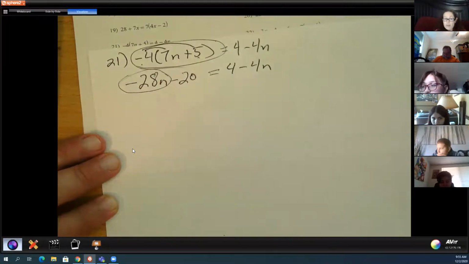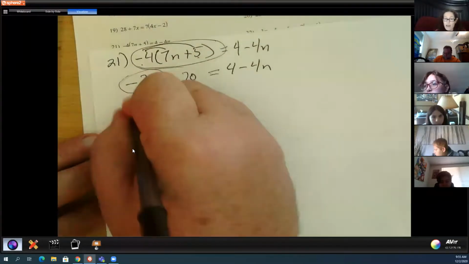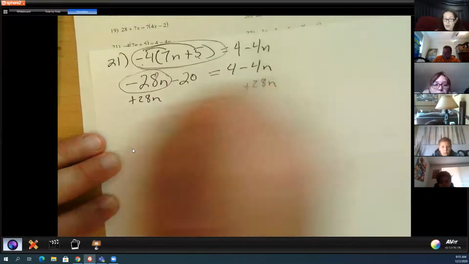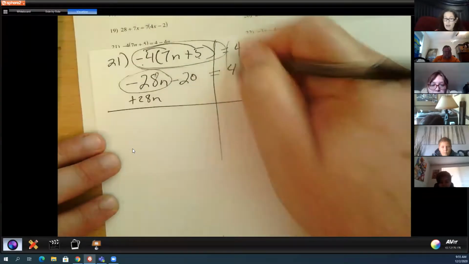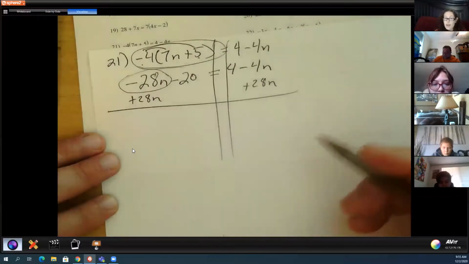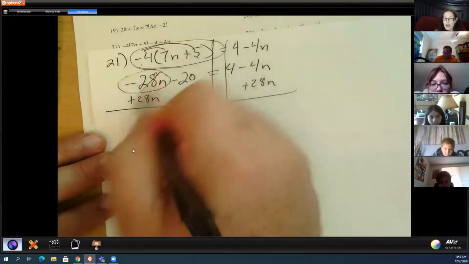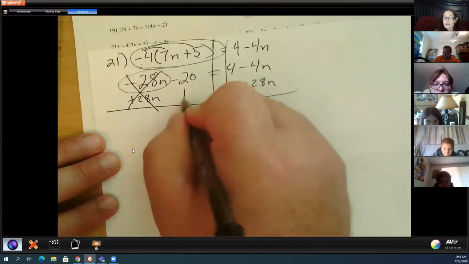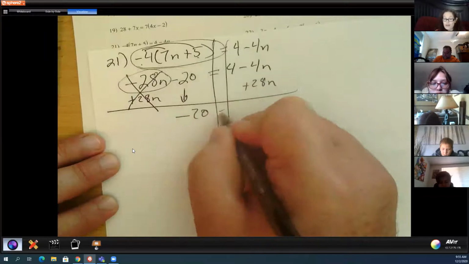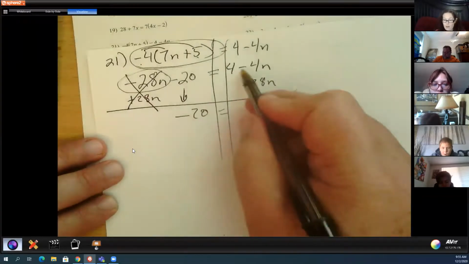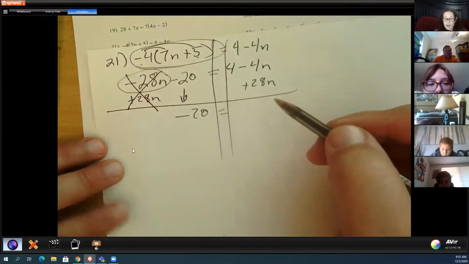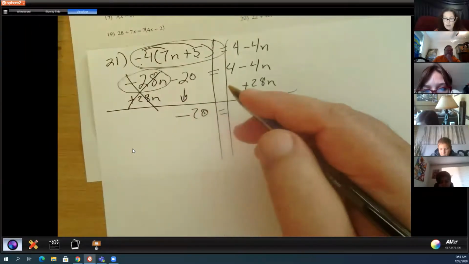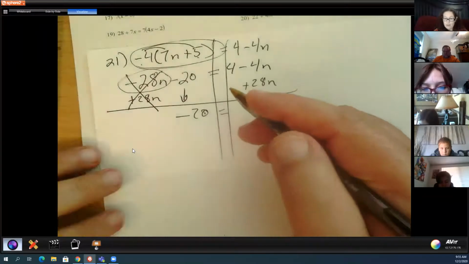So to both sides, we're going to add plus 28n, and we're going to cancel on the left side to get rid of it, and that's going to give us our positive groups of n on the right side. So we're combining like terms, bringing down again, so I'm typing that into the chat: bring everything else down.